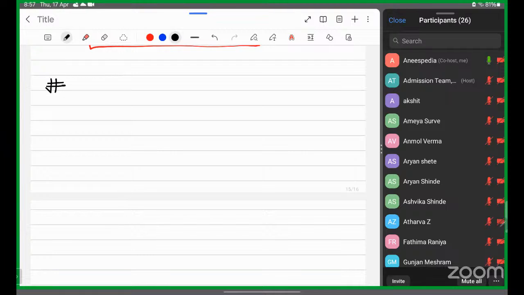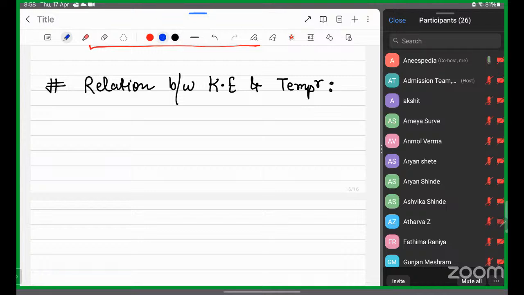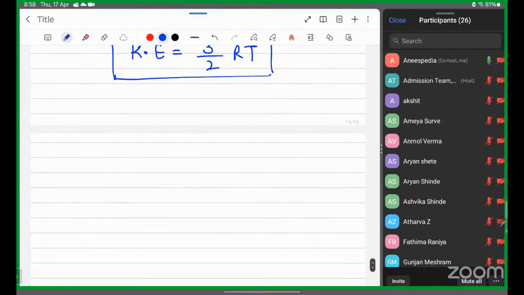Next point is about the relation between kinetic energy of gaseous molecules and temperature, which is a very important relation. This relation is kinetic energy KE equals 3 by 2 R into T, which means average kinetic energy is directly proportional to temperature.